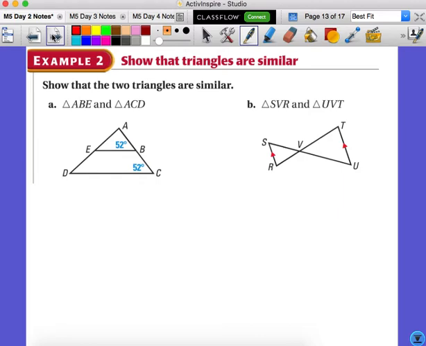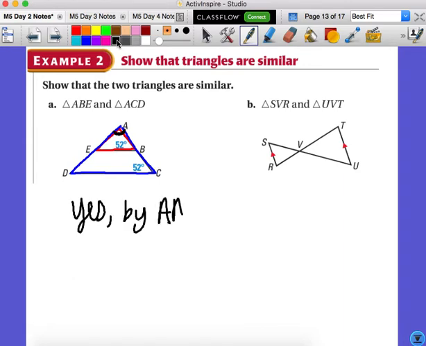Show that the two triangles are similar. So we want to show that ABE is similar to ACD. So again, we have one smaller triangle inside of a larger triangle. I see that they both already have 52 degrees and they have a shared angle at A. So these are similar by angle-angle similarity.